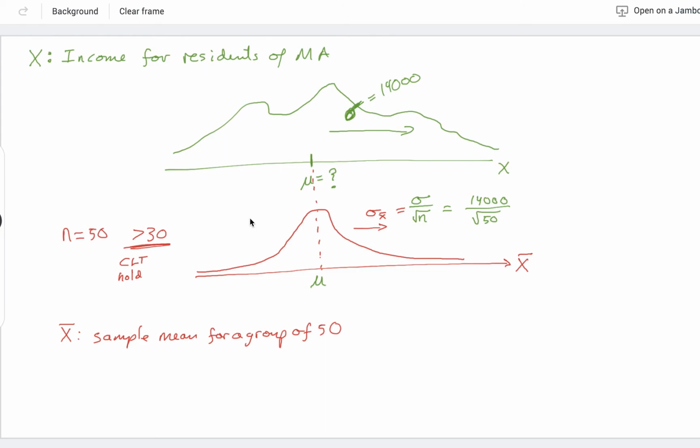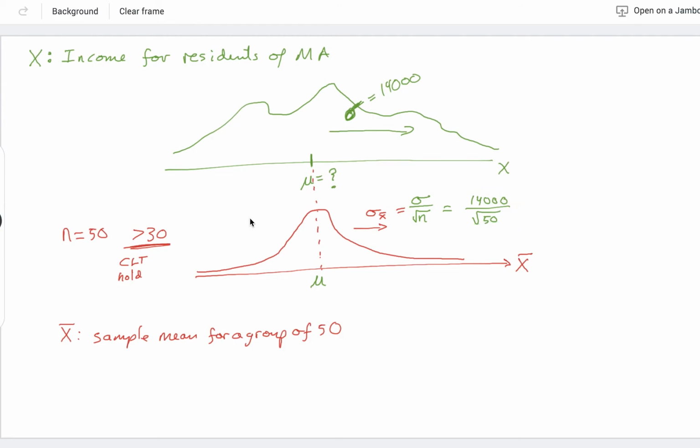So now we know that our sample means that we're going to collect will be relatively close to our population mean. And in fact, we can even quantify how much variation away from that population mean we'll have because of the central limit theorem estimate for what the standard deviation in that sampling distribution will be.